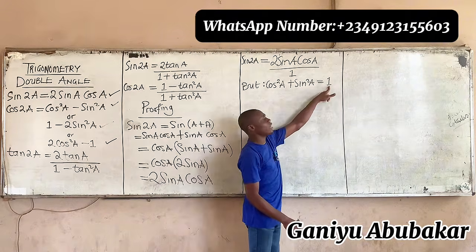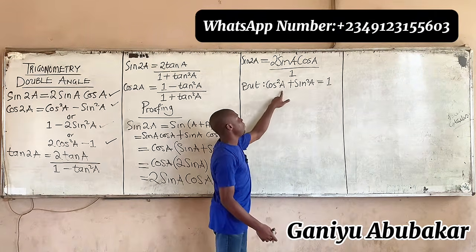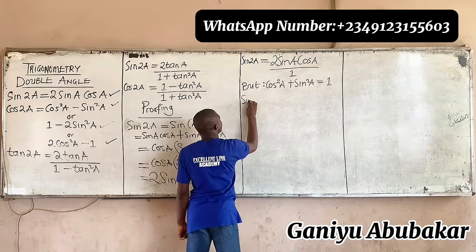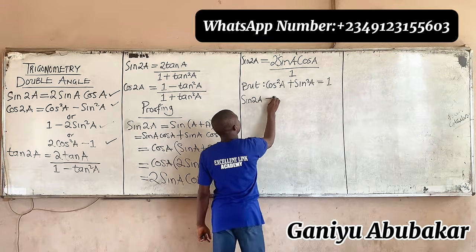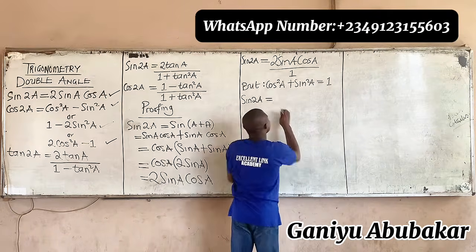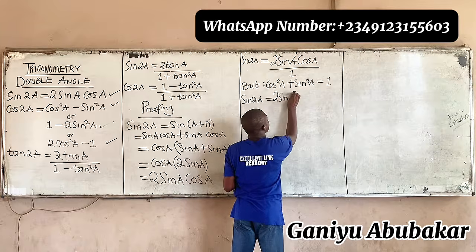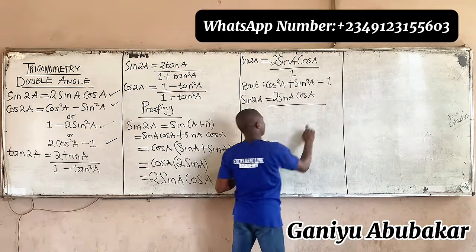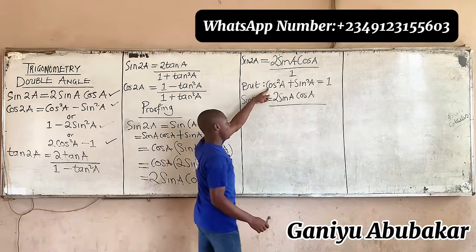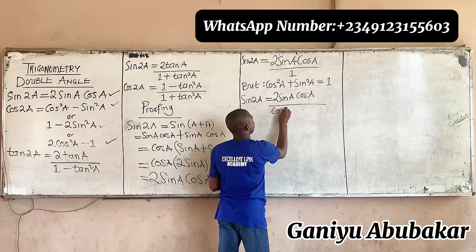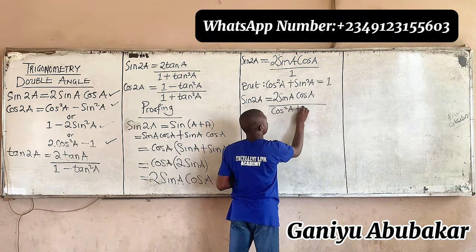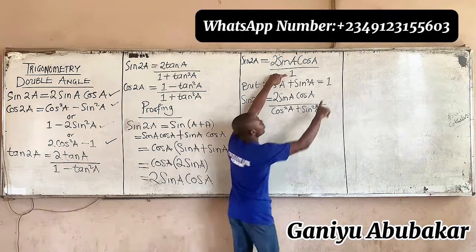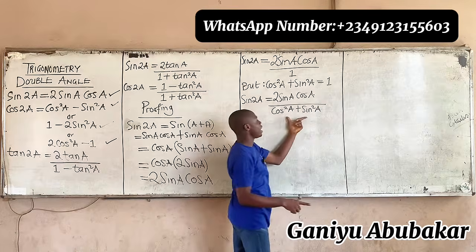So anywhere I see 1, I'll put cos squared A plus sine squared A. So I'll have sine 2A expressed as, numerator, 2 sine A cos A all over, listen up please, cos squared A plus sine squared A. Anywhere you see 1, put all the value here.